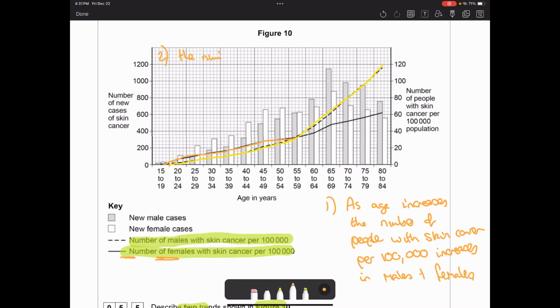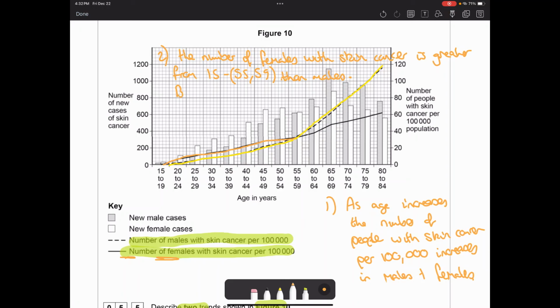The number of females with skin cancer is greater from 15 to 55 to 59, okay, than males.